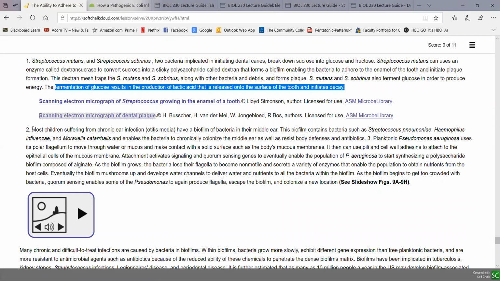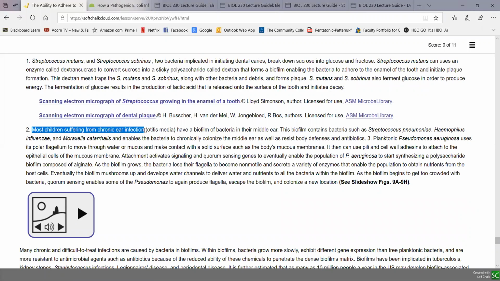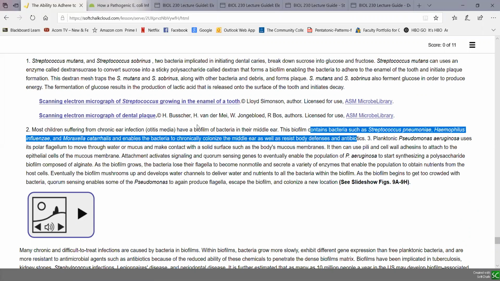Another example, most children who suffer from chronic ear infection, which is called otitis media, a middle ear infection, have a biofilm of bacteria in the middle ear. And that biofilm typically contains bacteria like Streptococcus pneumoniae, the pneumococcus, Haemophilus influenzae, and Moraxella catarrhalis.